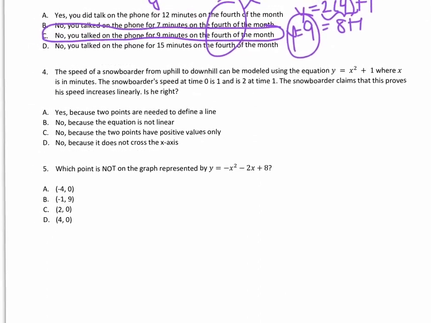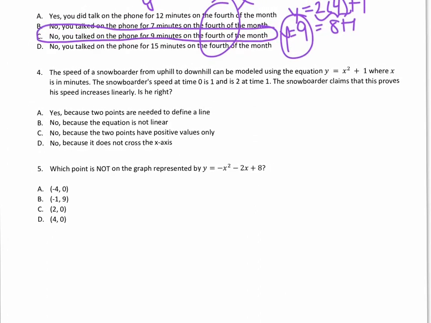Number 4, the speed of the snowboarder from uphill to downhill can be modeled using this equation, where X is in minutes. The snowboarder's speed at time 0 is 1 and is 2 at time 1. So don't forget that X is the time in minutes. At time 0, Y equals 0 squared plus 1, which is 1, and at time 1, Y equals 1 squared plus 1, which is 2.